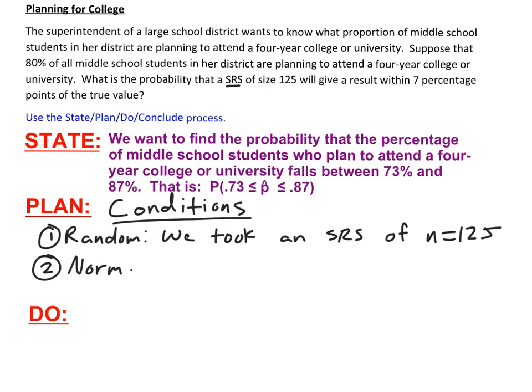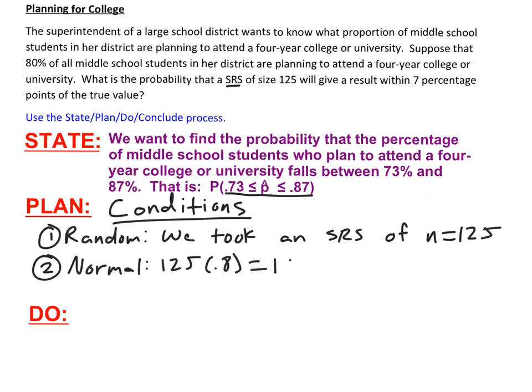Now in the do step, when I calculate the odds that we would get a sample that puts us within 7%, that's where they're getting the 73 to 87. That's 7 below to 7 above 80. I'm going to use a normal approximation, so I just got to make sure that I can. n is 125, p is 0.8.